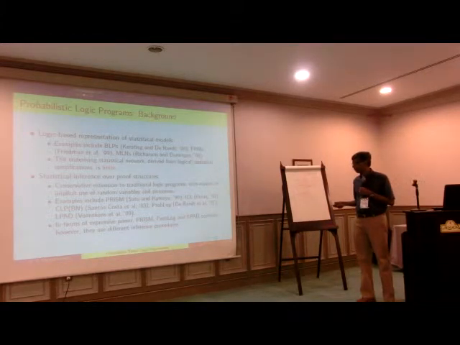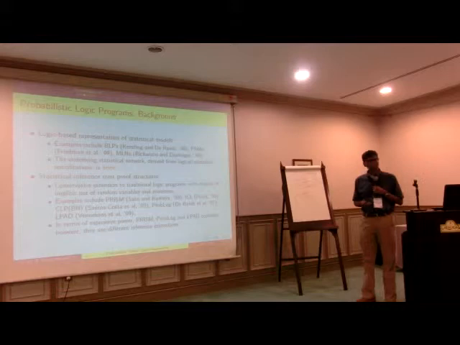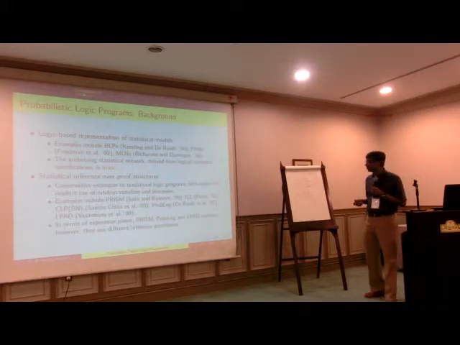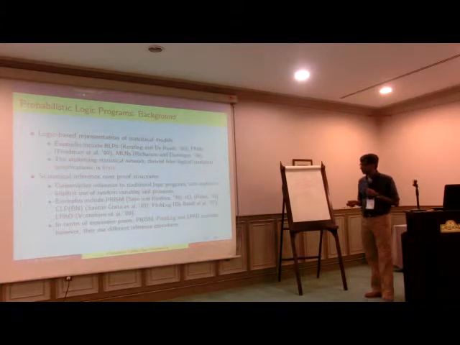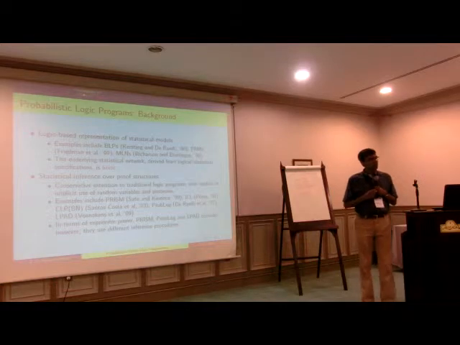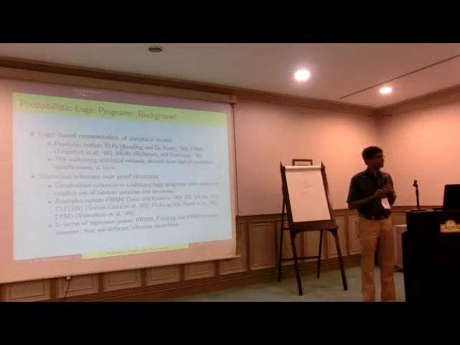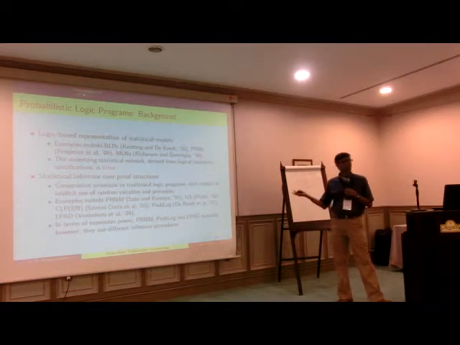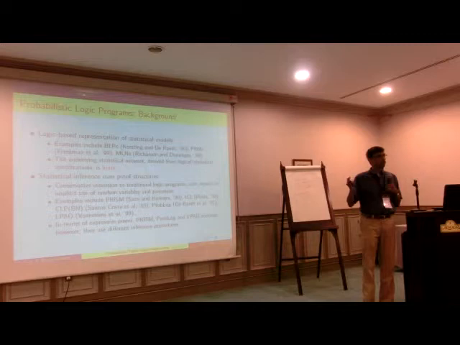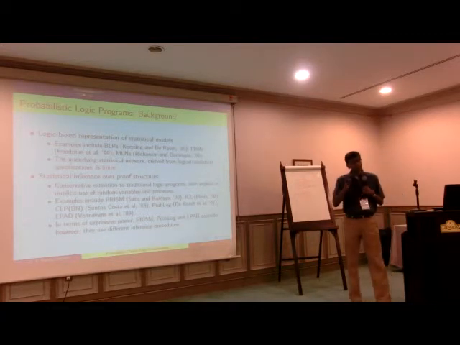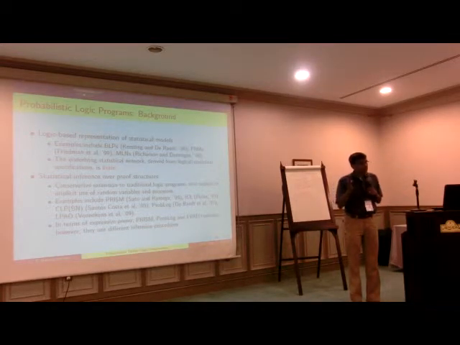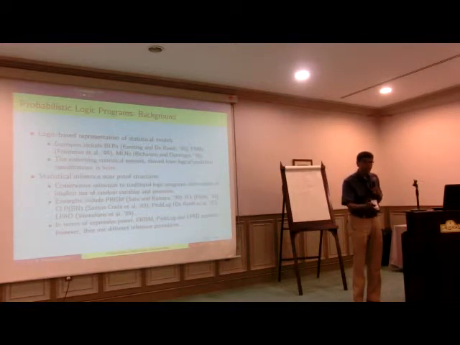There is a language called Problog from the Leuven group, and another language called LPAD. All of them are essentially equivalent semantically. So any program that you can encode in Problog, you can encode in Prism, and vice versa. At least semantically. The evaluation techniques they use are very different, so the systems built on top of them may have different powers, but the underlying language has the same semantics.